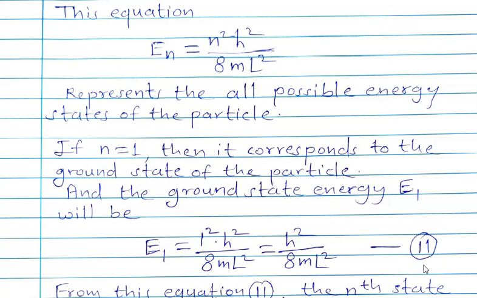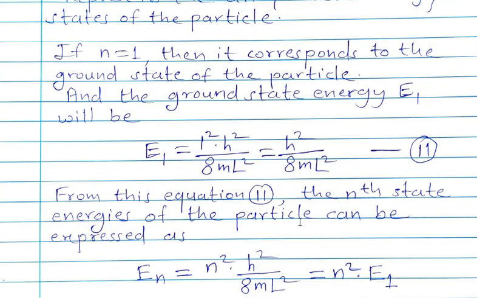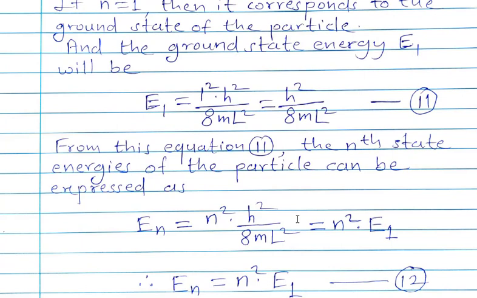Now from this equation 11 and this nth state energy of the particle, we can express this En as n square times h square by 8 m L square, whereas this term h square by 8 m L square is the ground state energy from equation 11, and hence we can express this En as n square times E1.